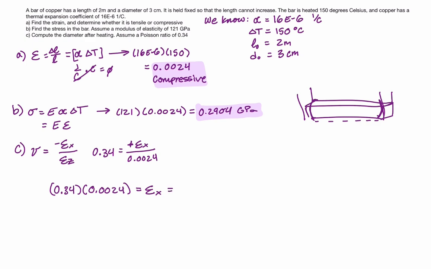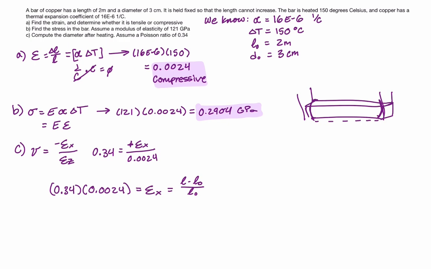which we can go ahead and write again as the change in L over L, or L minus L naught over L naught. Now this is kind of an approximation because we are doing diameter. However, this is a great way to solve this problem. And we have our L naught, we have everything we need here, right? And so we can just go ahead and do this in centimeters.